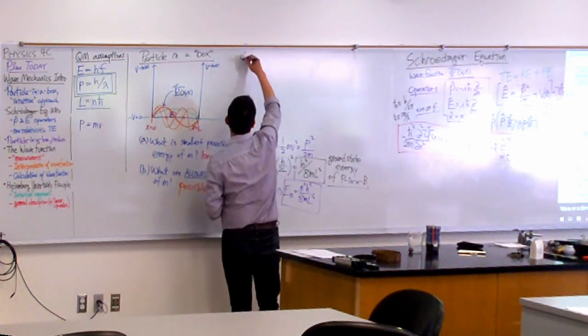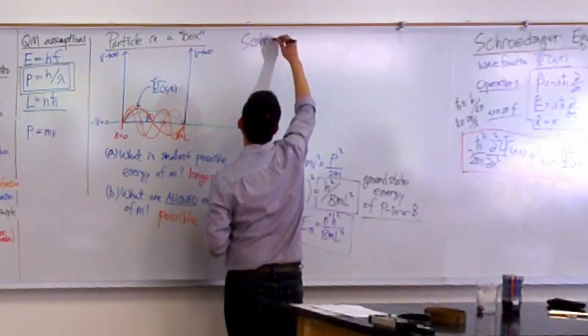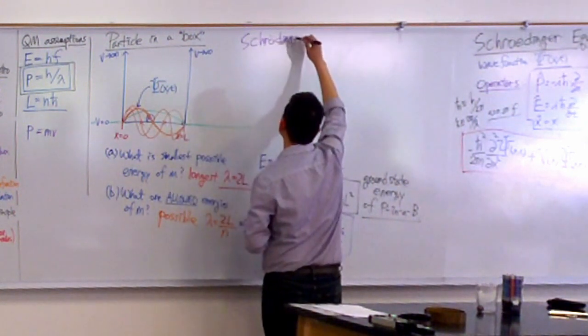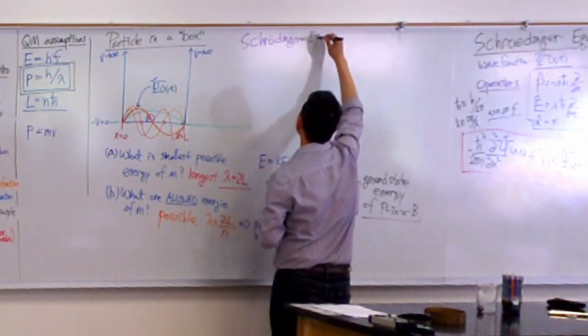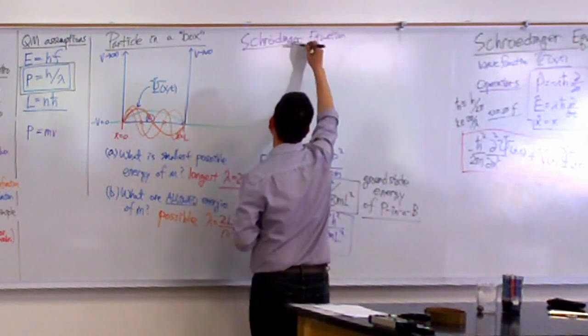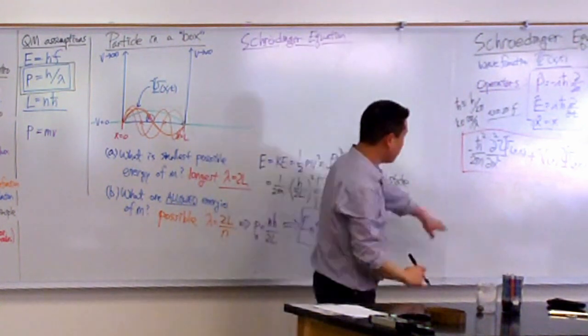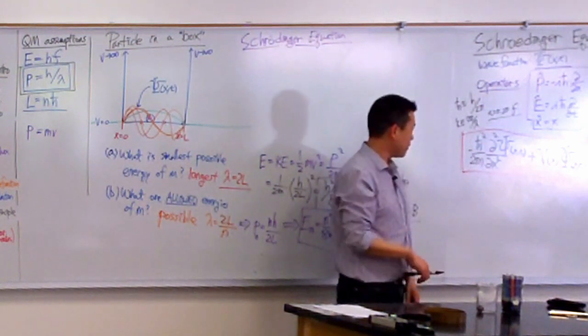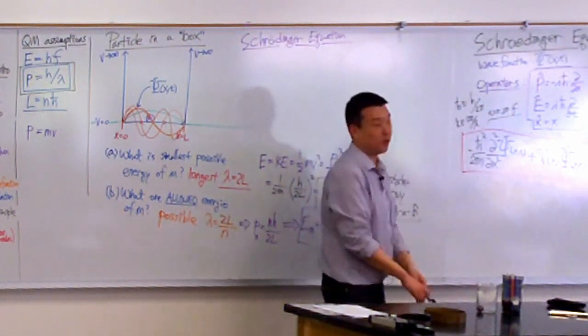So let me write down the Schrödinger equation applied to this specific situation. I can start out with the full expression, and then I will cancel out whatever happens to be 0.